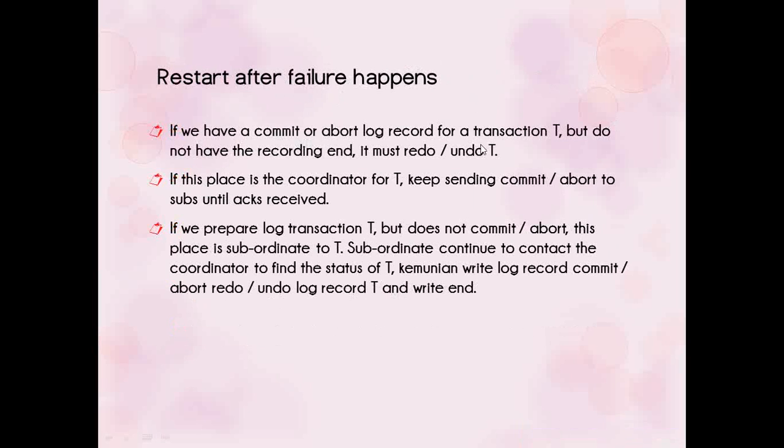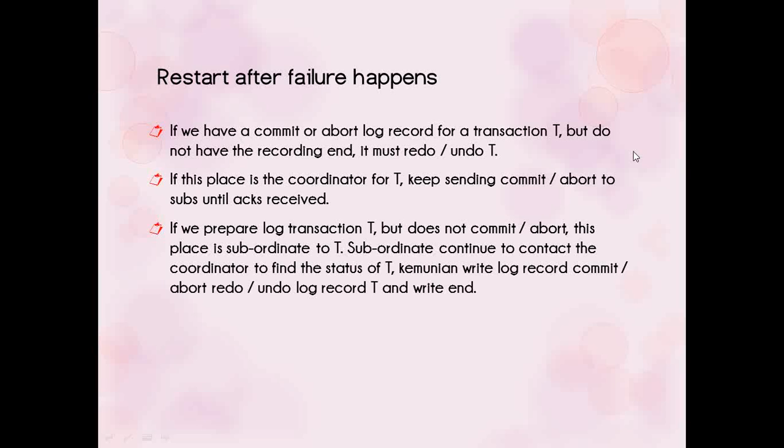If you have a commit or abort log record for a transaction T, but do not have an end record, you must redo or undo. If this site is the coordinator for T, keep sending commit or abort to subordinates until the ACK is received.